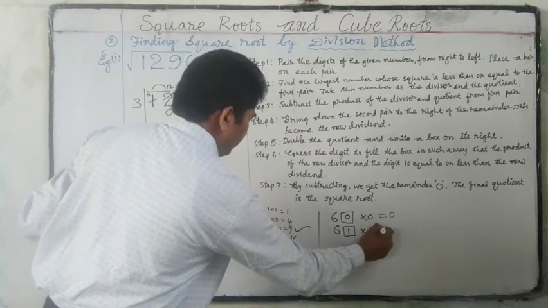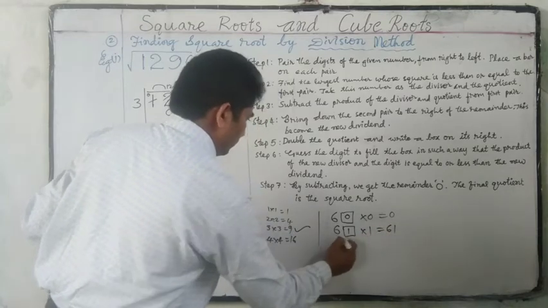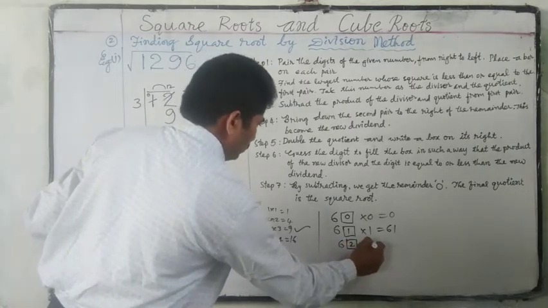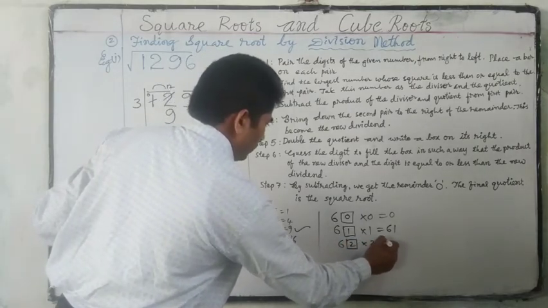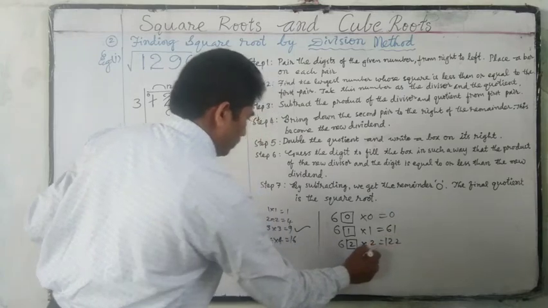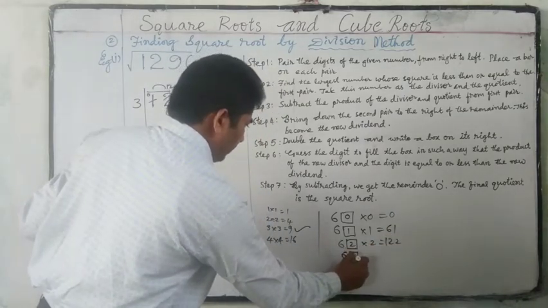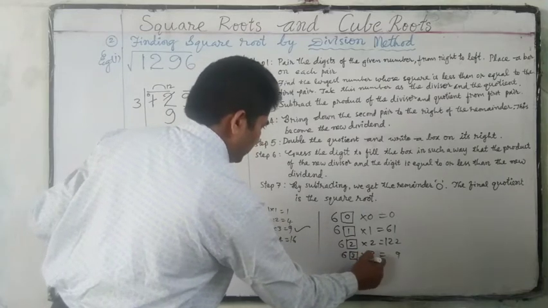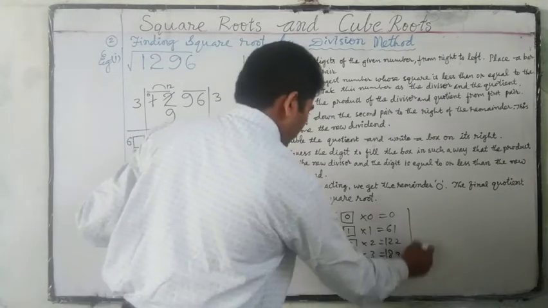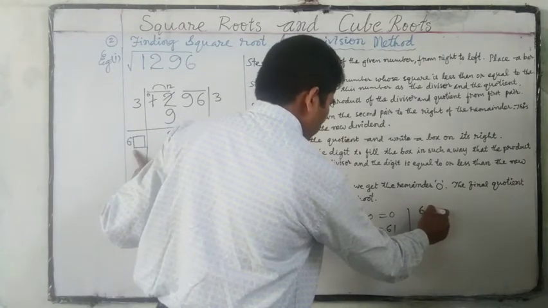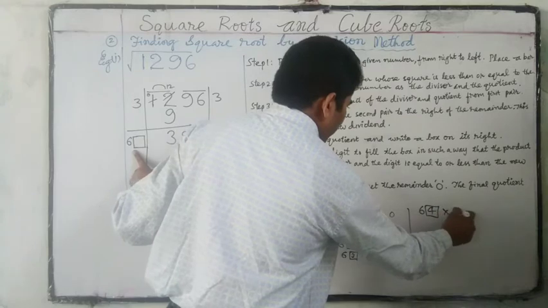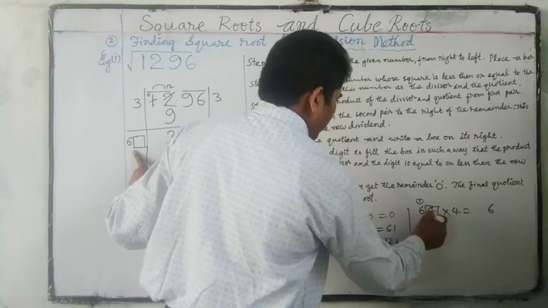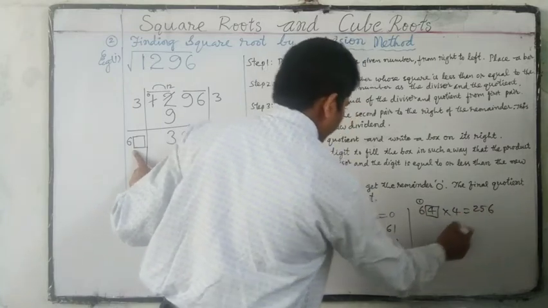61 ones are 61. 62 twos are 124. 63 threes are 189. 64 fours are 256.